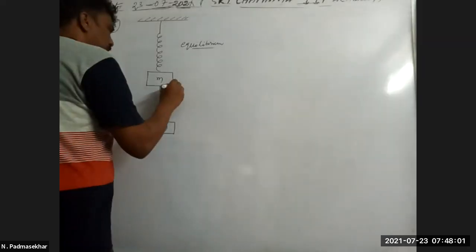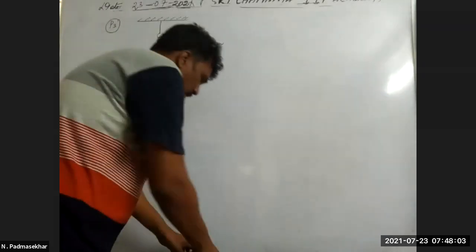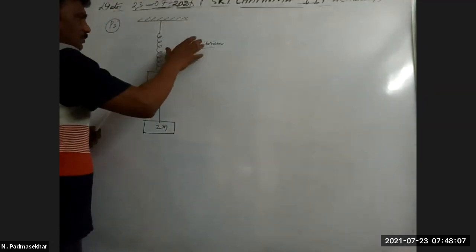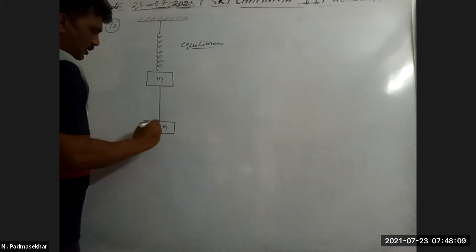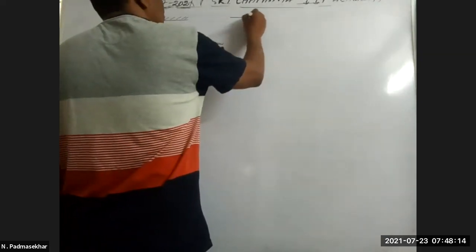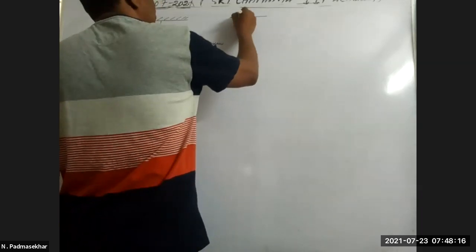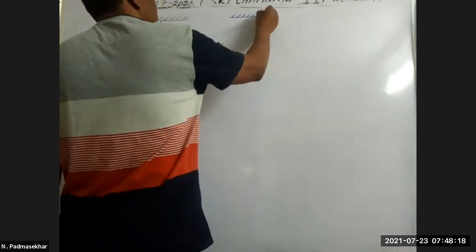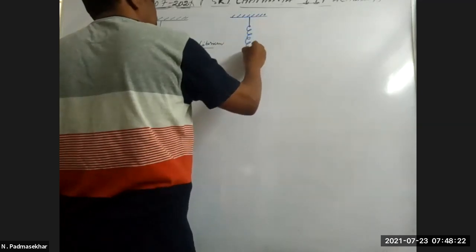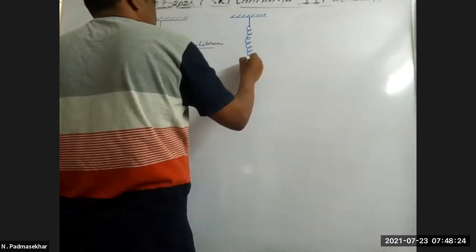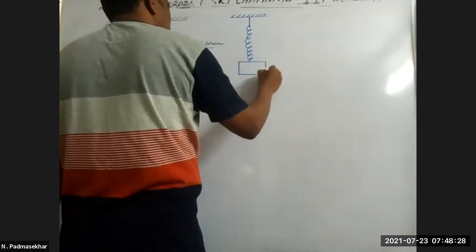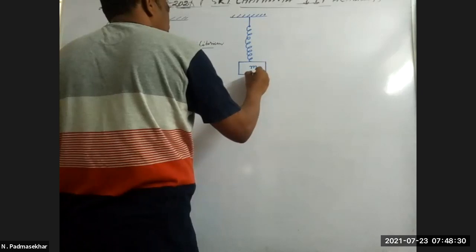So equilibrium means, what are the forces acting? Just listen. Equilibrium, I will draw it here. This is the spring, and here a block of mass m.